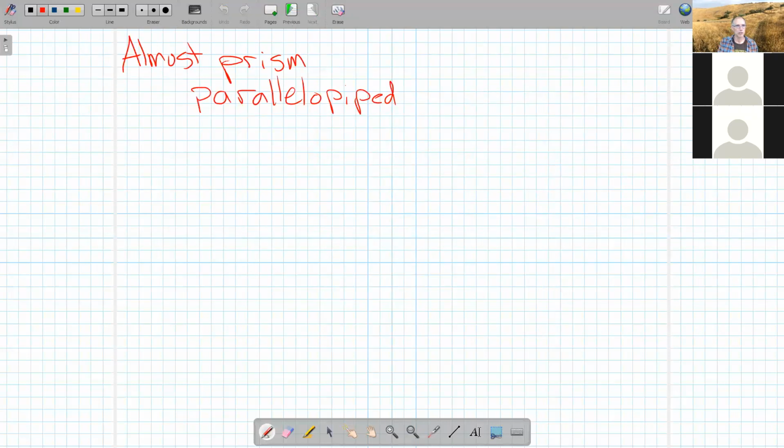And so here's my best attempt at drawing a parallelepiped today. The front face, instead of being a rectangle, would be a parallelogram. And then each side coming off that is going to be another parallelogram, and opposite sides are going to be parallel.